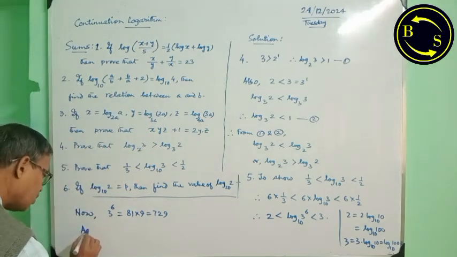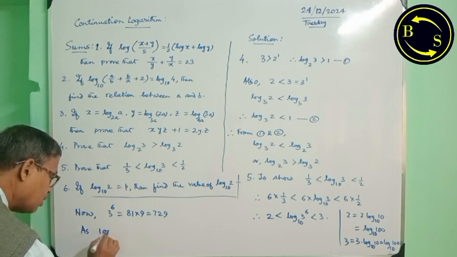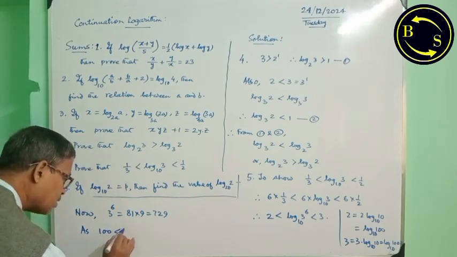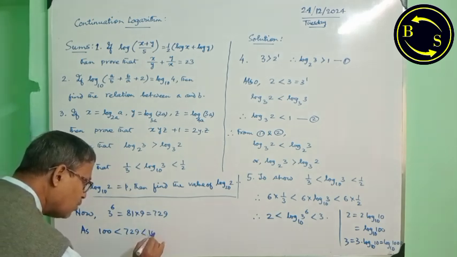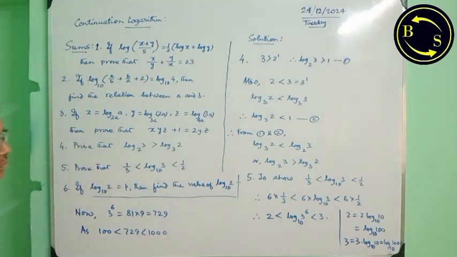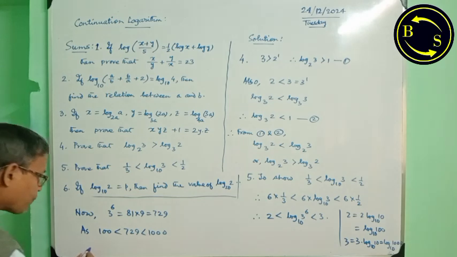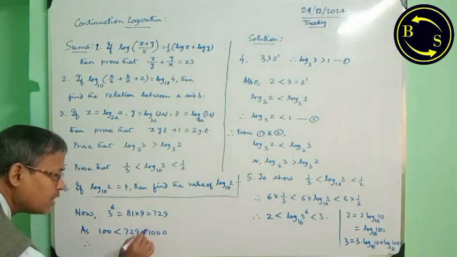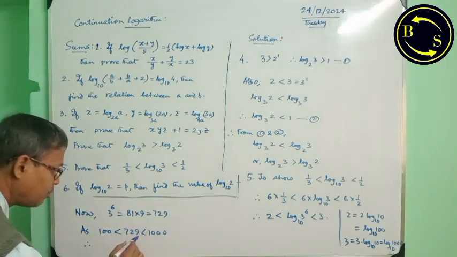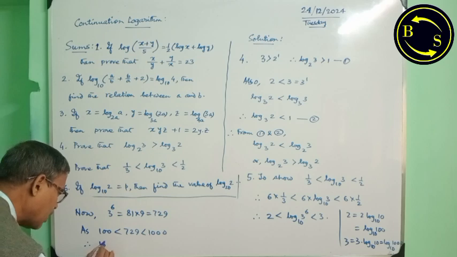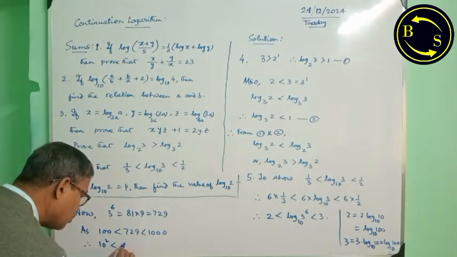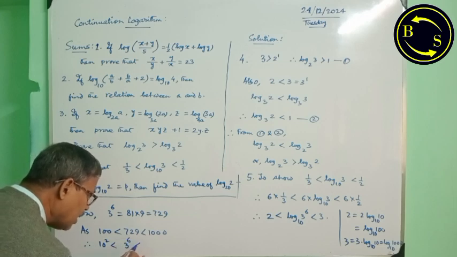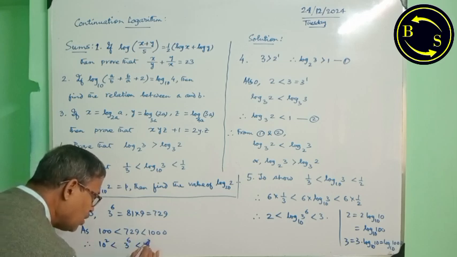As 100 is less than 729, and that is less than 1000, therefore, now I express these as powers of 10. 10 square is less than 3 to the power 6, and this is less than 10 cube.